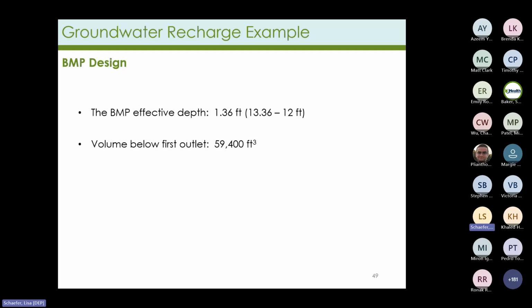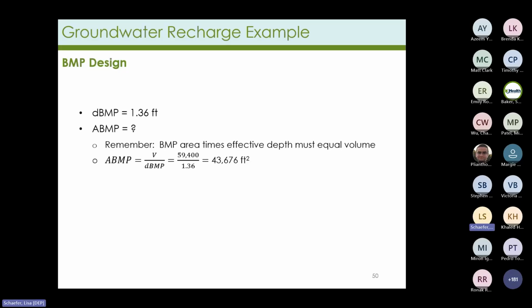And we can use this to calculate our ABMP, which is the BMP's infiltration area. So we know the effective depth is 1.36 feet, and the equation for the volume of a BMP is BMP area multiplied by the effective depth. So let's solve for the area. All right, and that gives us a result of 43,676 square feet.